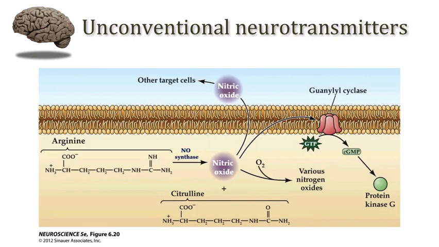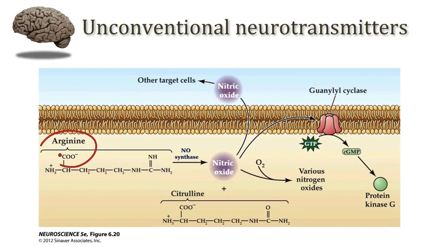One final neurotransmitter to discuss is nitric oxide. So this truly is an unconventional neurotransmitter in that it's a gas. It's not a solute that can be dissolved in an aqueous medium. It's not a peptide, but rather it's a gas. And nitric oxide is produced from the metabolism of the amino acid arginine, as is illustrated here in this pathway.